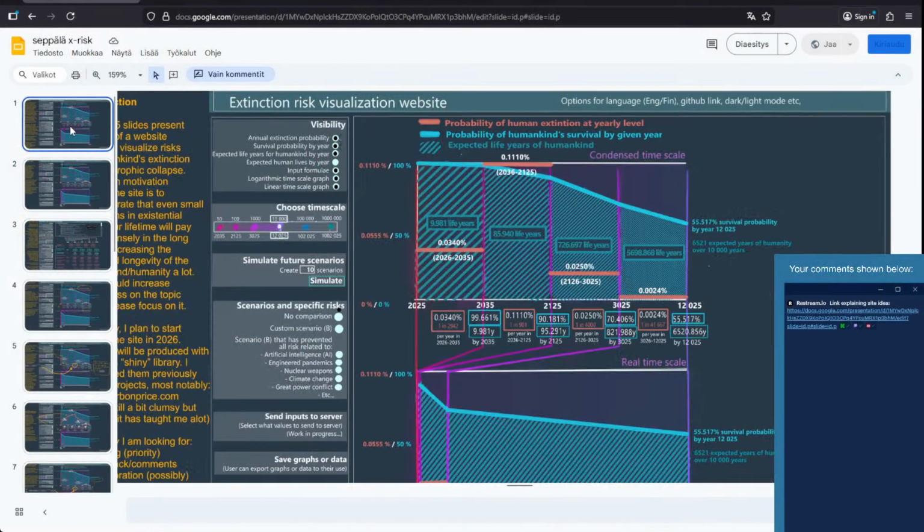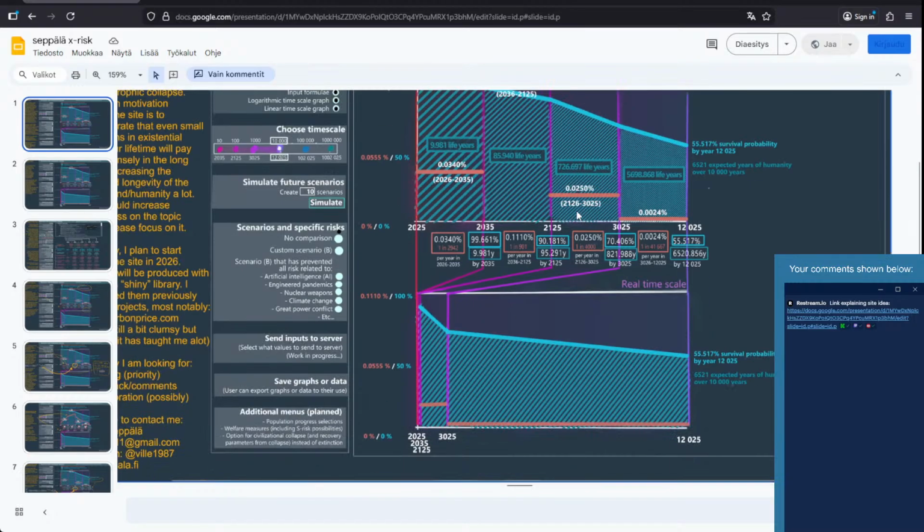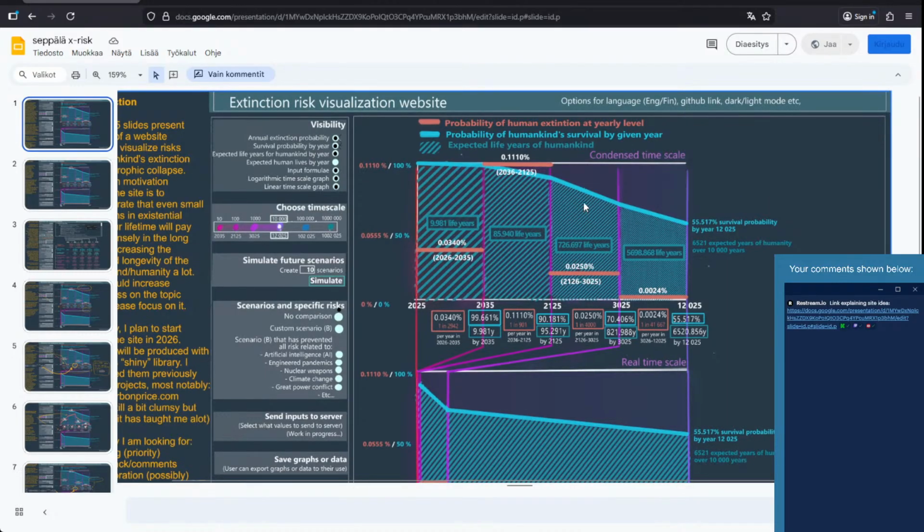Because in these graphs, for survival, which is this light blue in these ones, I've used a scale from 0 to 100, so it shows everything in scale, and I think there's a lot of benefit in that.